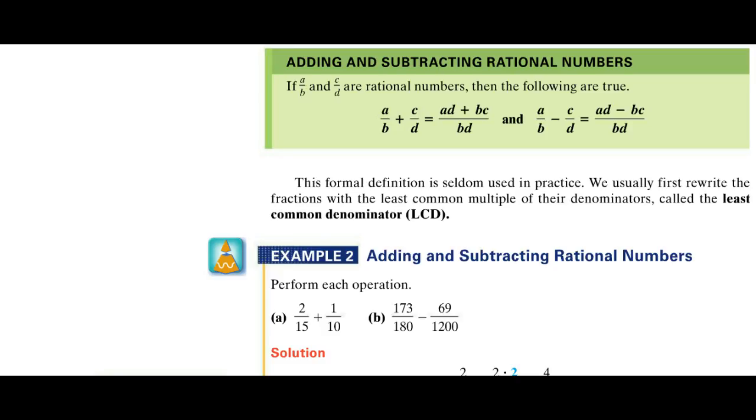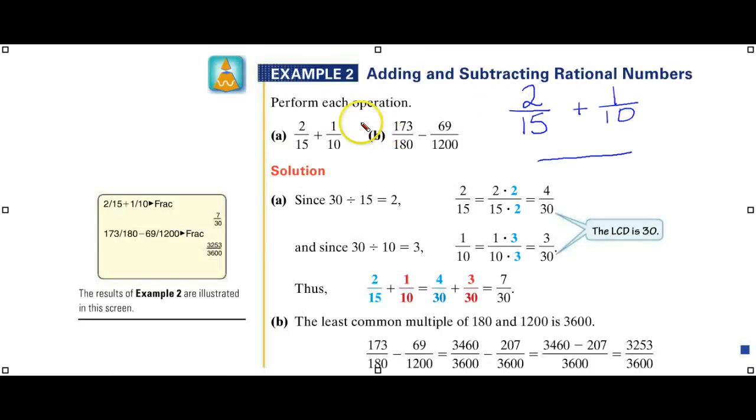So let's do some practice. So the first thing here is to pick out a common denominator, and if you can see it, that's good. We'll show you a method here shortly, but 30 is our common denominator.